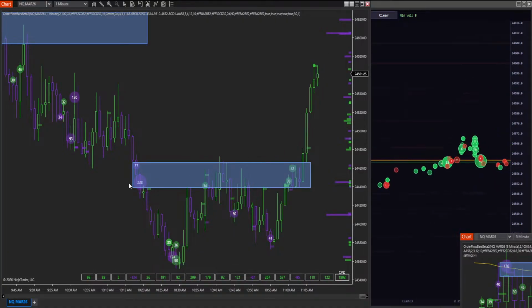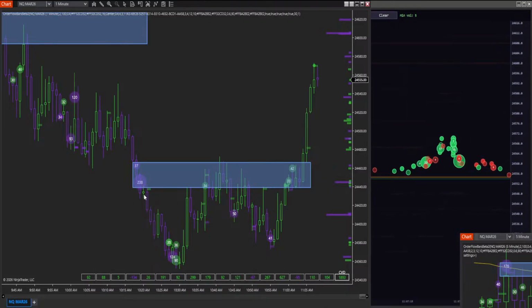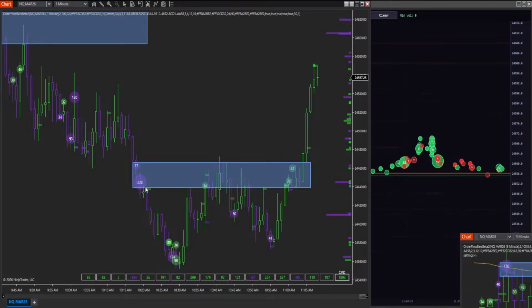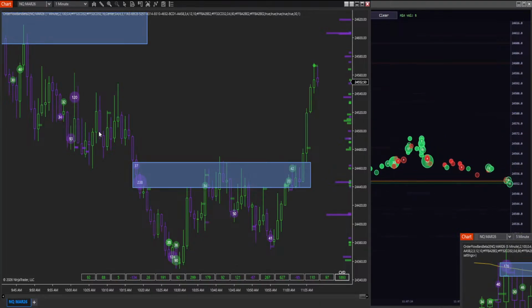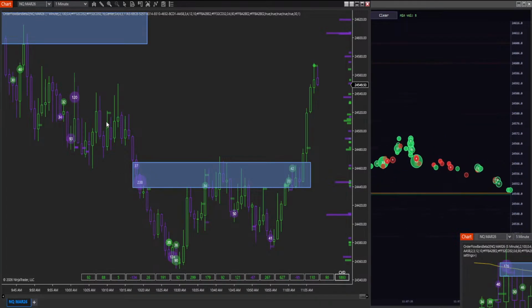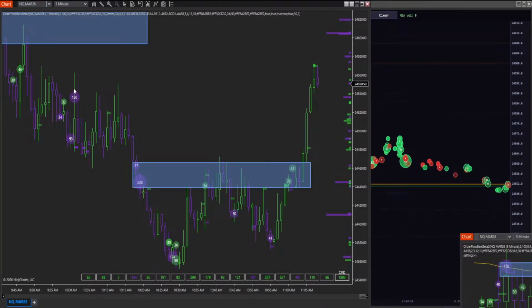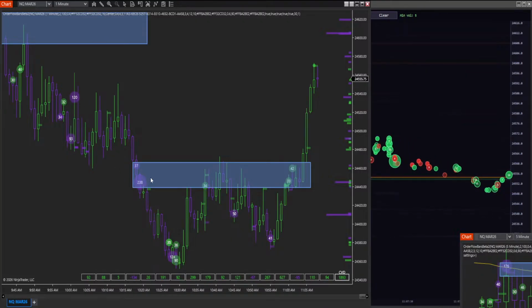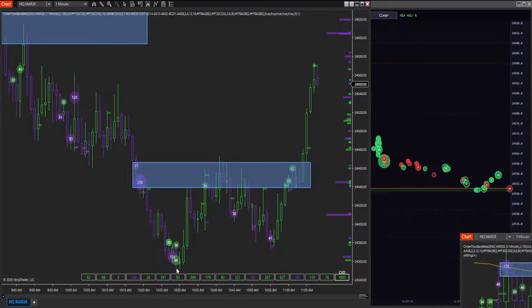But the problem is, you've already seen the participation from some institutions because retail traders ain't trading 230, 93, 120. That's institutions. They've already shown you that they're participating. I only see a 90 lot right here for a buy order.